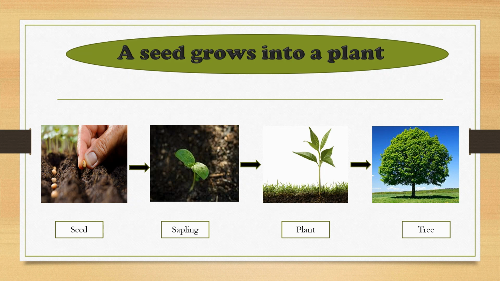The bushy plants like rose or tulsi are small plants. They don't grow that big. Even grasses are smaller than that. But the plants like mango, neem, banyan, they grow taller and heavier. They grow into a tree.